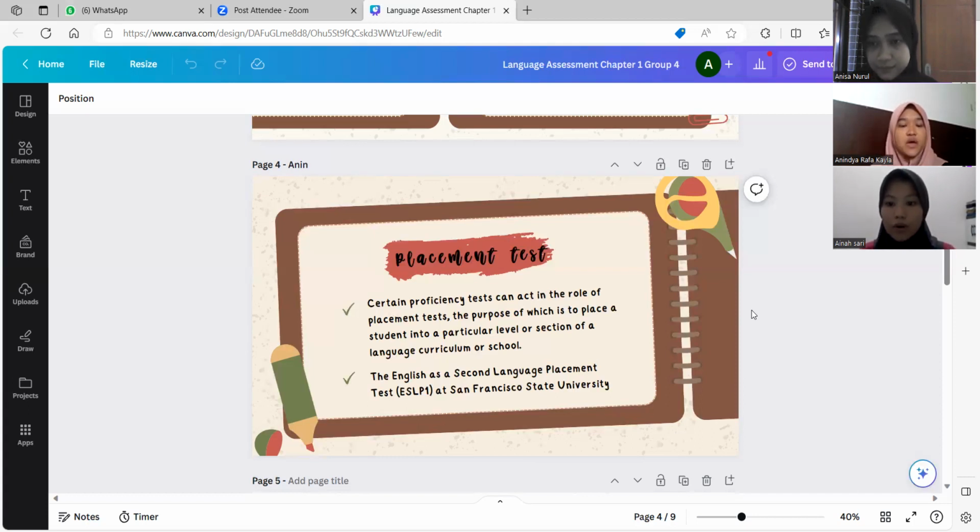So everyone, most of the ESL courses at San Francisco involve a combination of reading and writing with a heavy emphasis on writing. Based on those three parts, the first part of the test acts as both a test of reading comprehension and a test of writing.